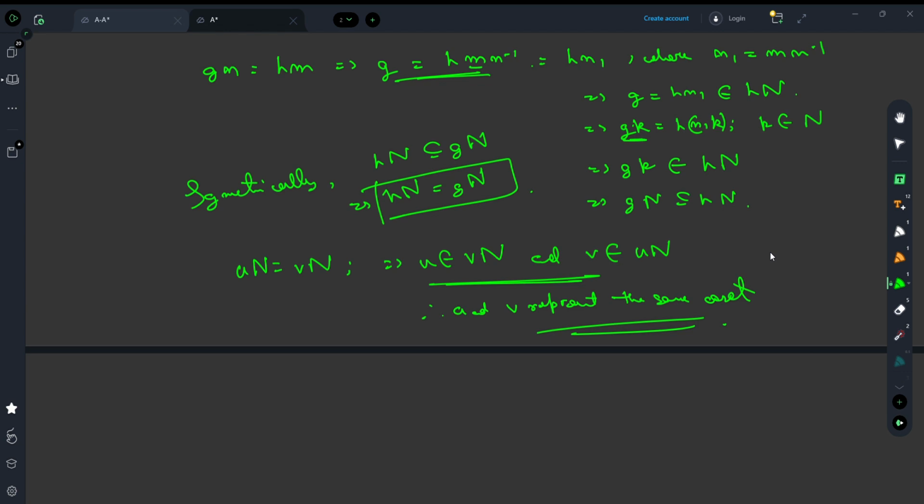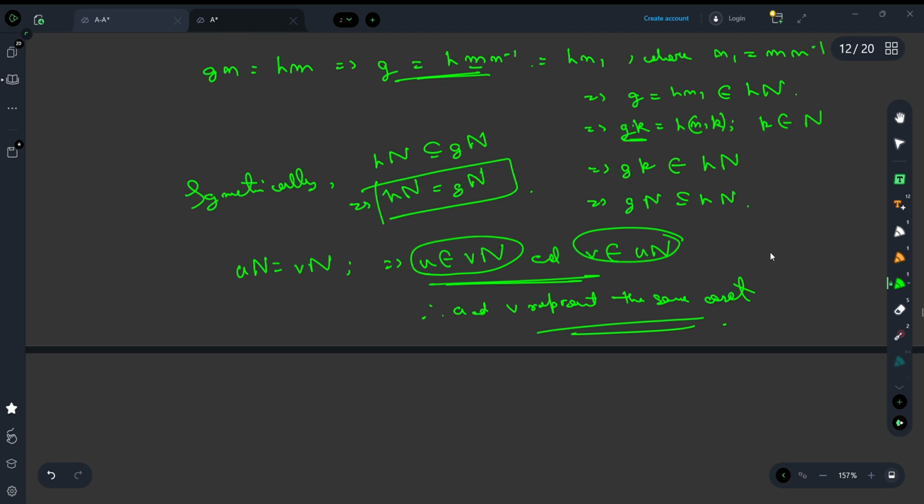Is it clear? So conversely, if I start from here, that u is an element from vN and v is an element of uN, then the statements are trivial. If u is an element of vN, we have seen previously what happens, right? Then uN equals vN. You can also relate this to the standard procedure of defining quotient groups. If you know how we standardly introduce the quotient groups, we introduce them as equivalence classes.